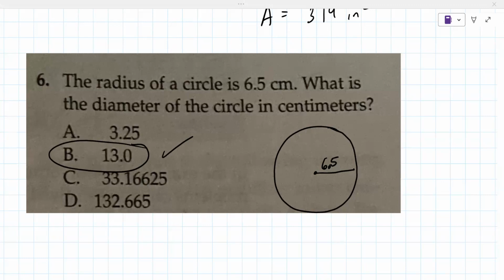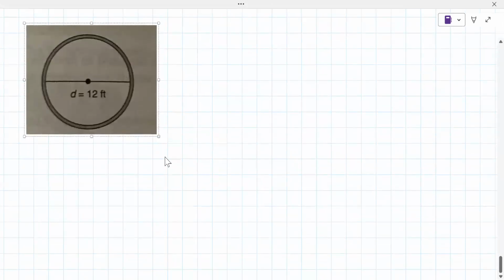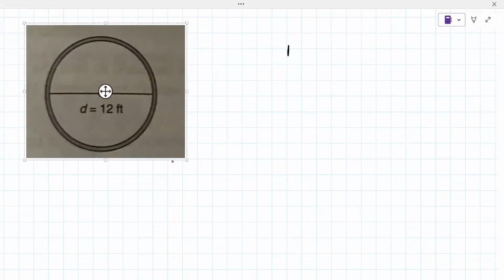Okay. So actually, we can have you do one more of these, and then we'll get to the actual problem. Here's a problem. I want you to determine the radius, the diameter, the circumference, and the area, please. The radius is 6 feet.